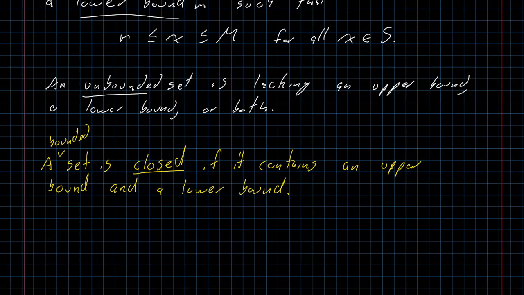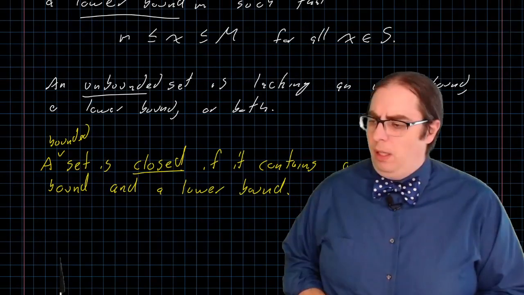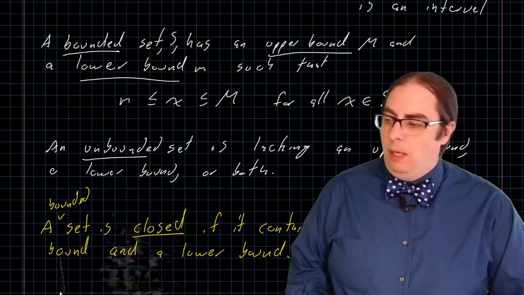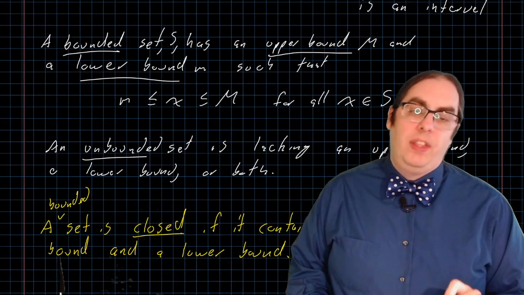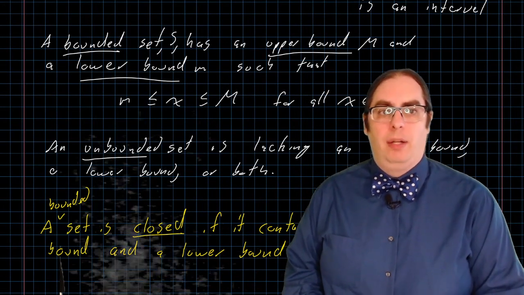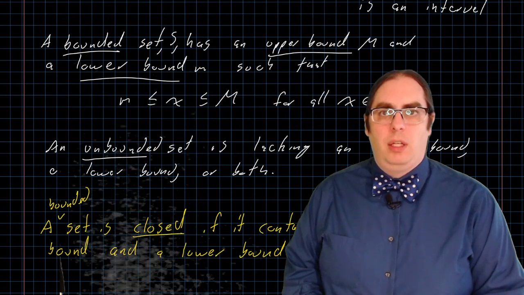But a bounded set is closed if it contains an upper bound and a lower bound. That definition in and of itself is a little bit strange because one of the things that's easy to gloss over when you're talking about upper bounds and lower bounds is that there's more than one.